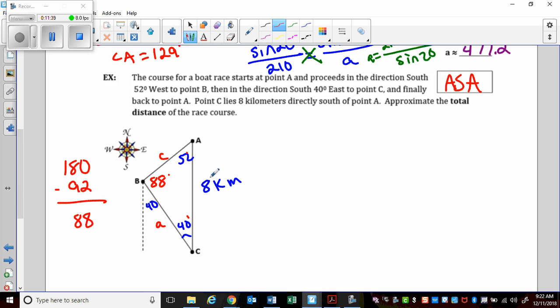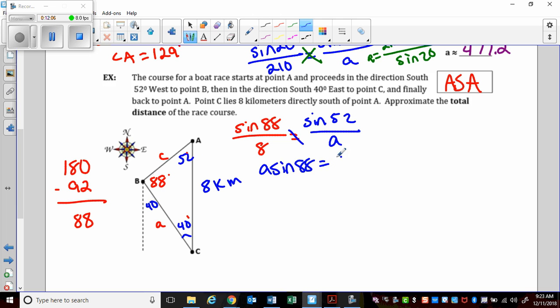Alrighty, I have to use this ratio. We're given this angle and the opposite side. So sine of 88 over the side length 8 equals, and we can find A or C first. Let's do A. Sine of 52 over the side length A. When we cross multiply, we get A sine 88 equals 8 sine 52.